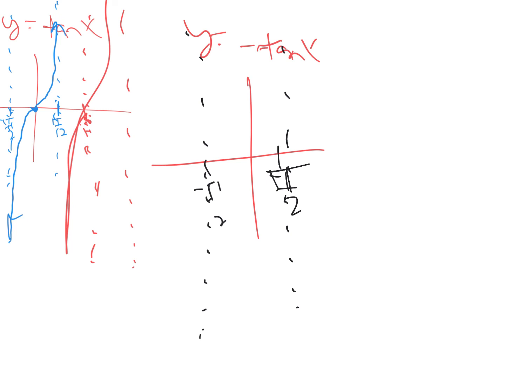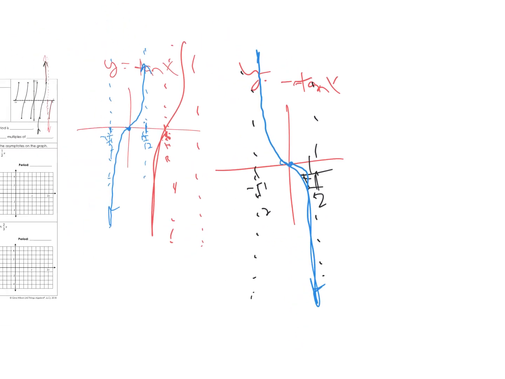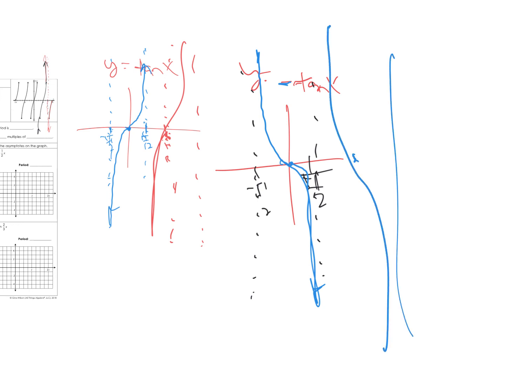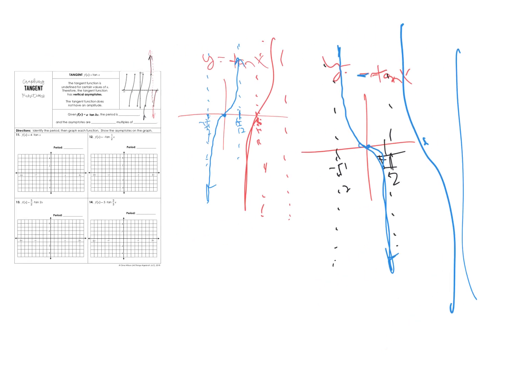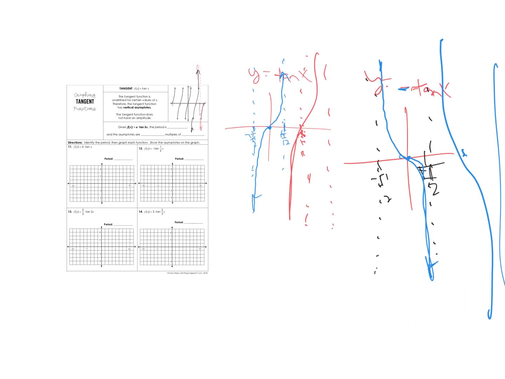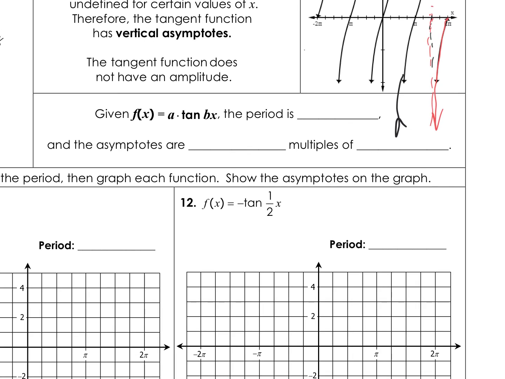It's on the asymptote, coming from this way, curves in, hits the 0, 0, curves out. There it is. So that's a terrible picture, but you get the point. That's the negative tangent. Okay? And of course, there's going to be more of the same pictures following the asymptotes and more and more and more. Okay?